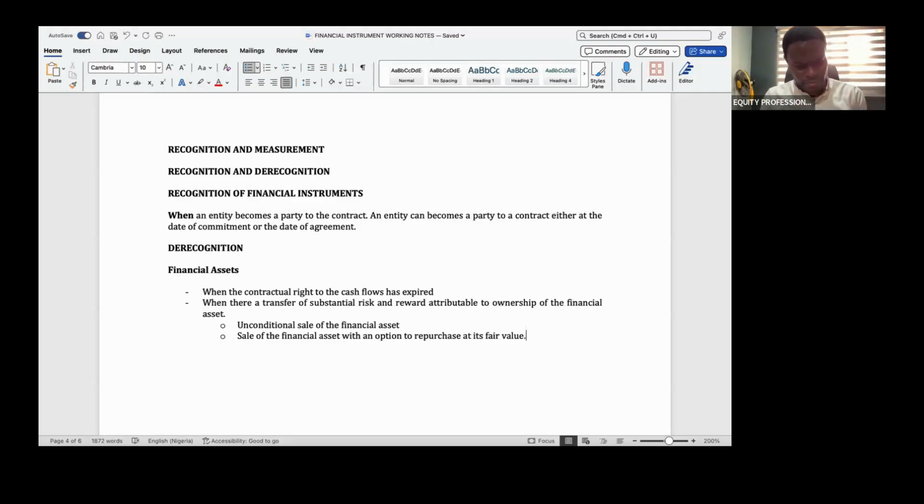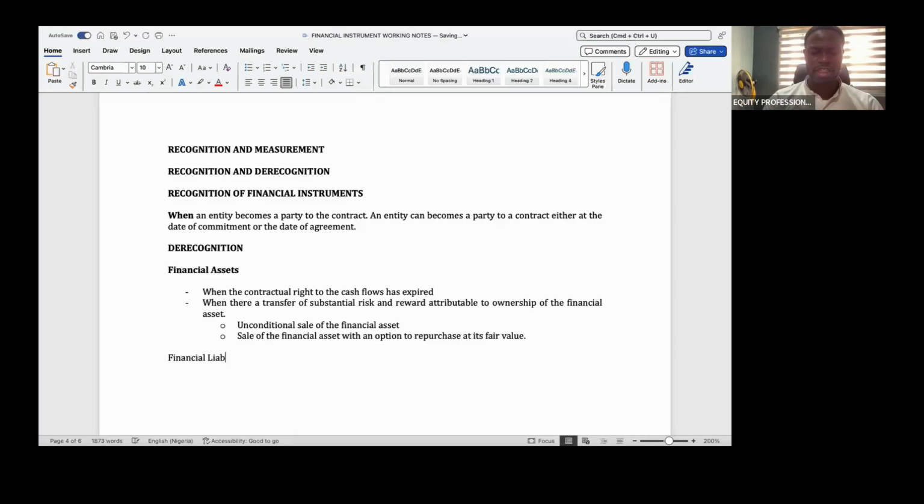So it shows that you still have control of that item that you say you're selling, because you are still dictating how much you buy it back. It shouldn't be that way. Okay, so this is it around the recognition of financial assets.